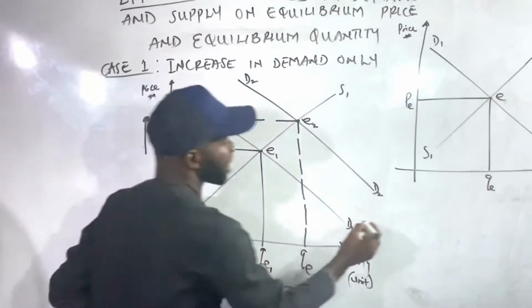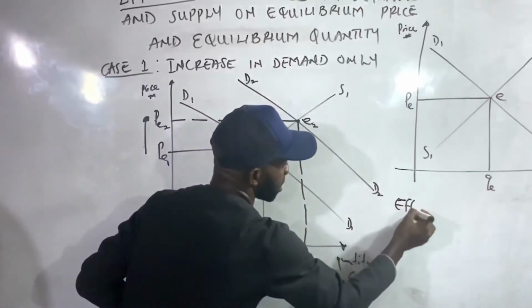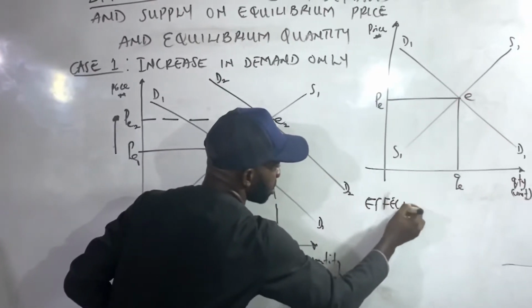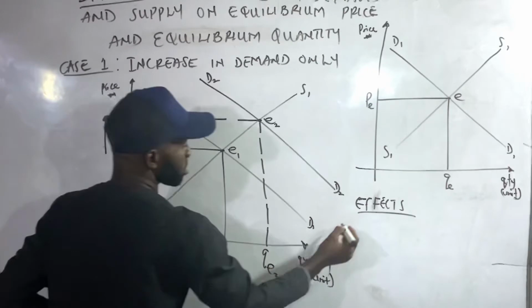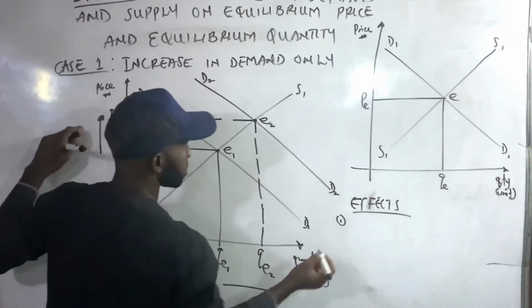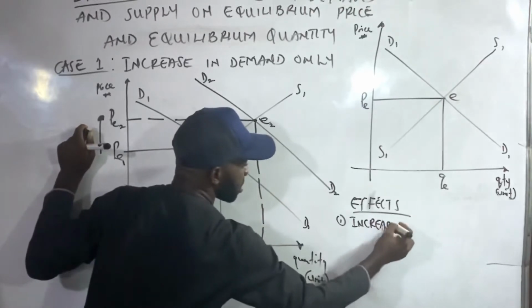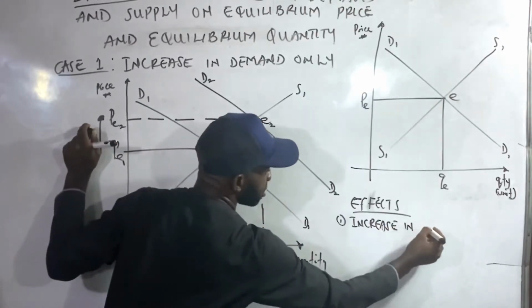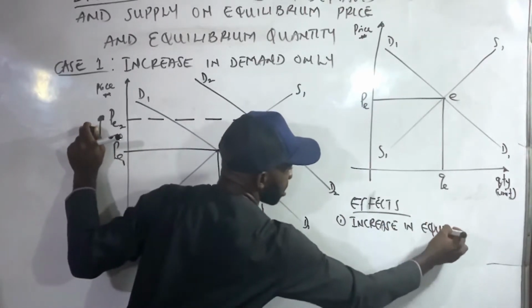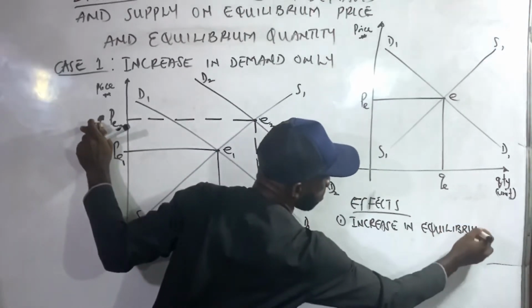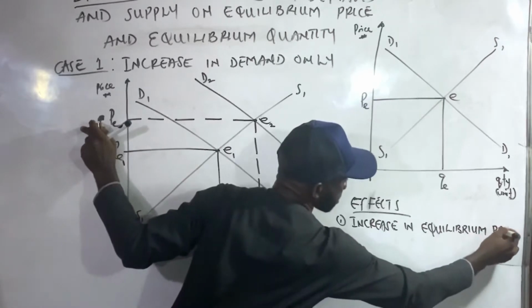So the effect from what we have in that case shows, number one, there is an increase in equilibrium price.